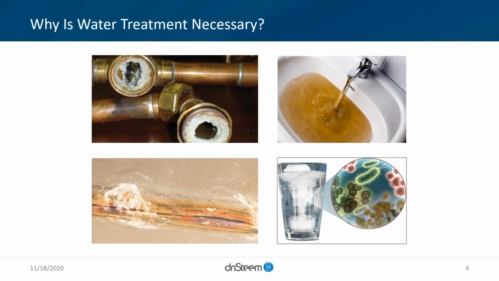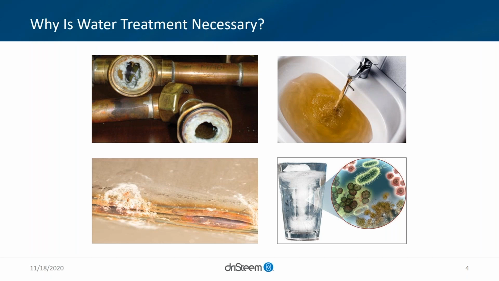So again, why is water treatment necessary? The top left photo, and as we go through these photos, really talk about understanding what's in our water, how can we maximize equipment life, how can we prevent maintenance, etc. So the top left is a depiction of scale, which won't be pertinent to today's conversation beyond knowing that ROs remove scaling potential and dechlorinators thusly are upstream of them.